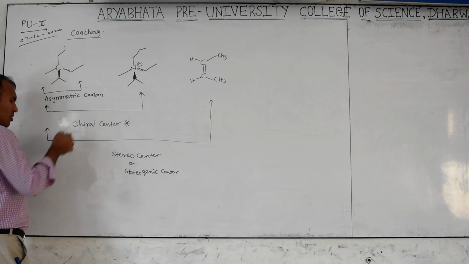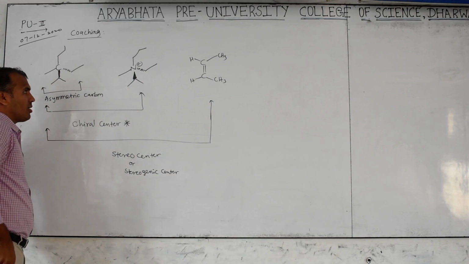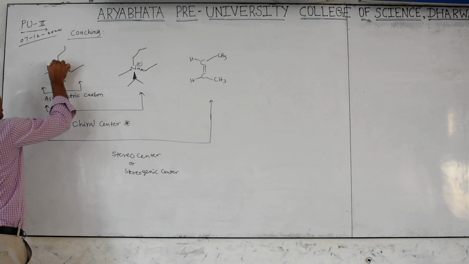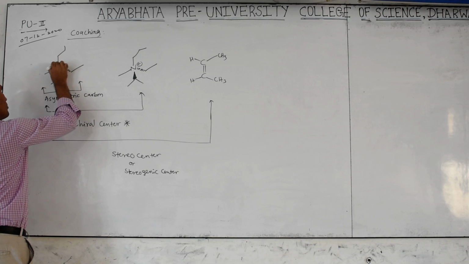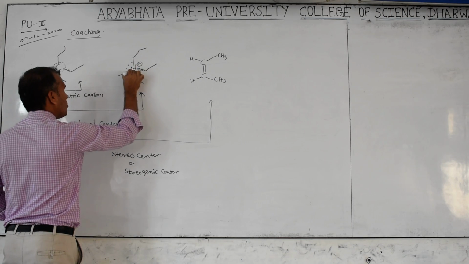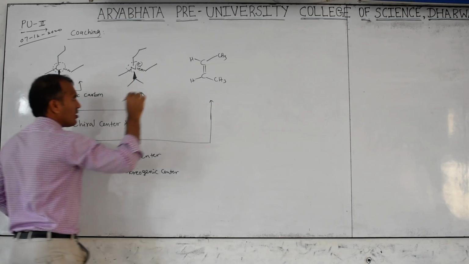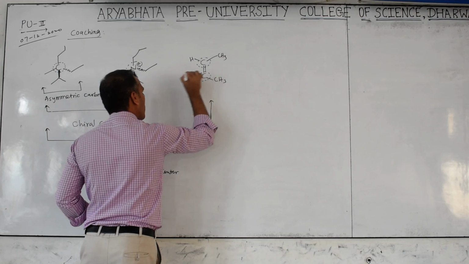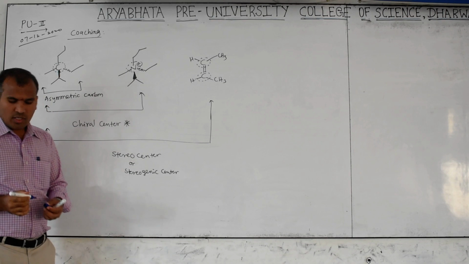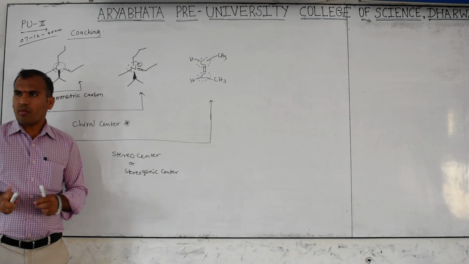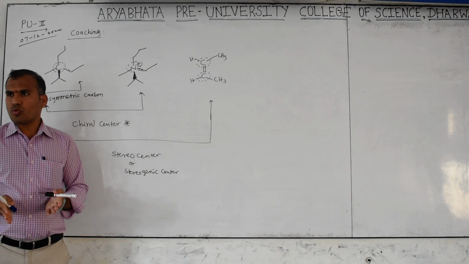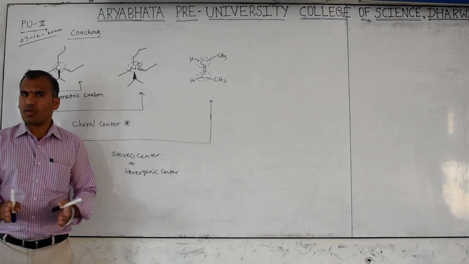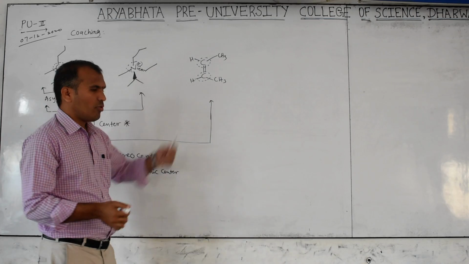See, I will use another pen. Stereo centers I want to denote with this dotted line. This is also a stereo center. This is also a stereo center. This is also a stereo center. Stereo center means that by exchanging any two groups you will get another isomer. How will you get another isomer?